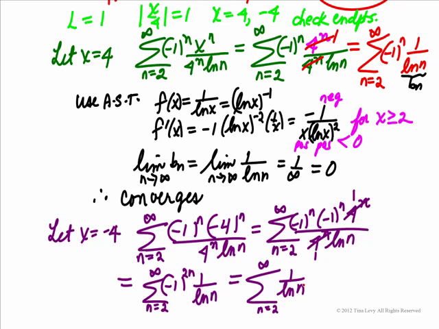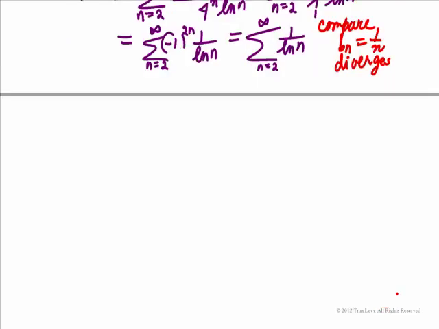This test, though, that we're going to have to use is the comparison test, and we're going to compare it to b sub n being 1 over n, which we know diverges. I'm going to go to the next page to do that. So I have to use the comparison test. And in doing that, I have to show that log n we know is less than n.